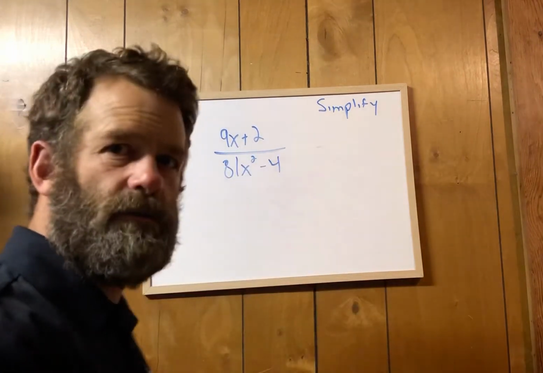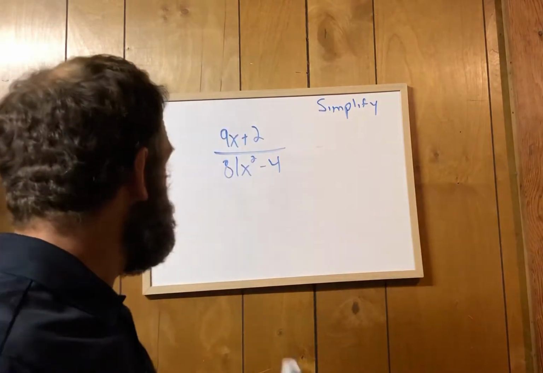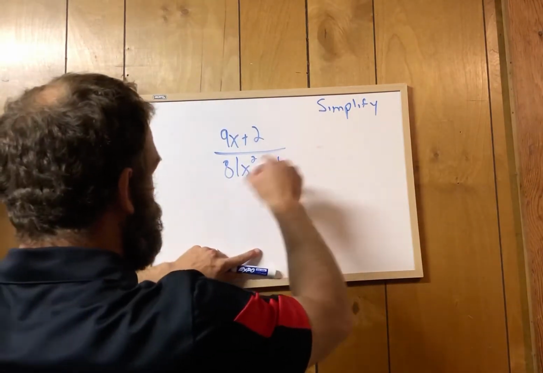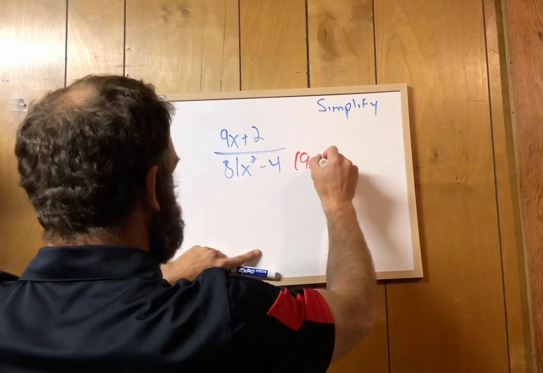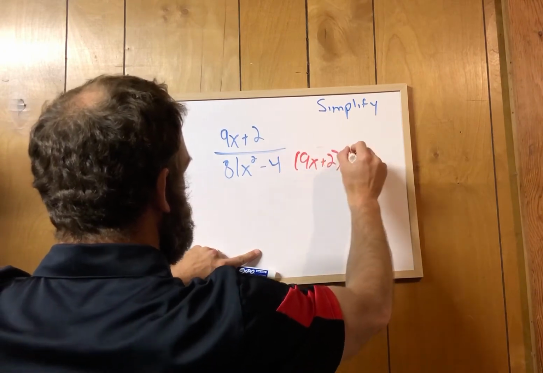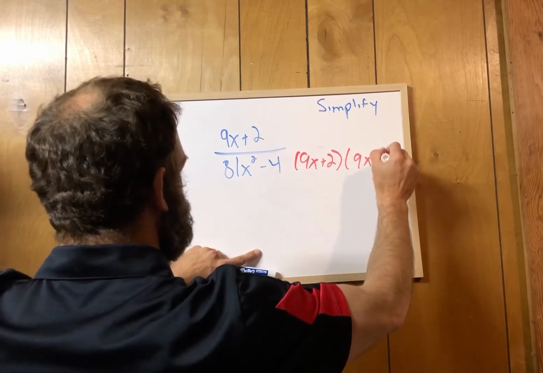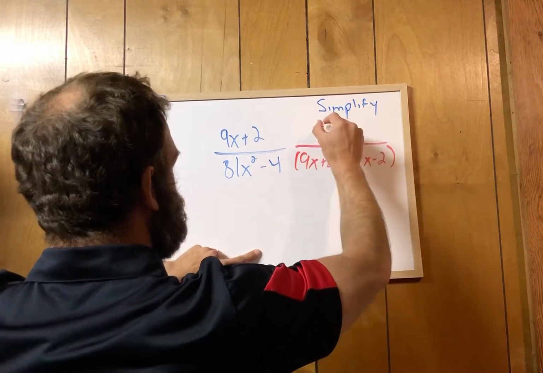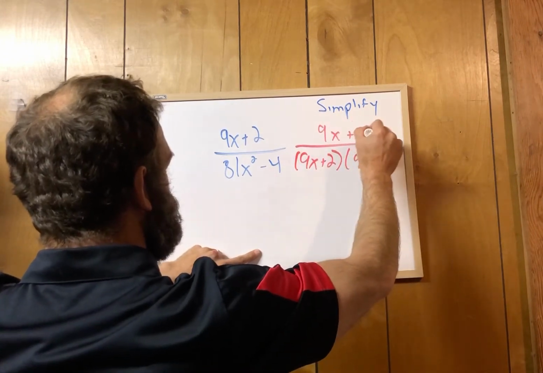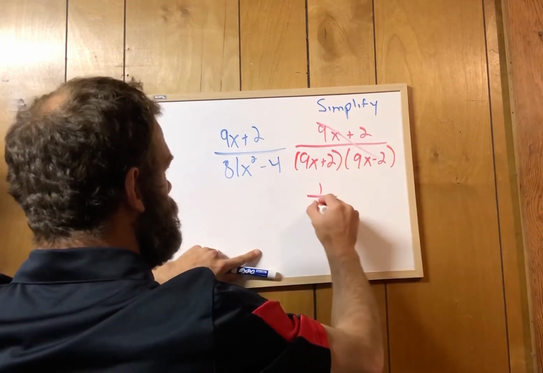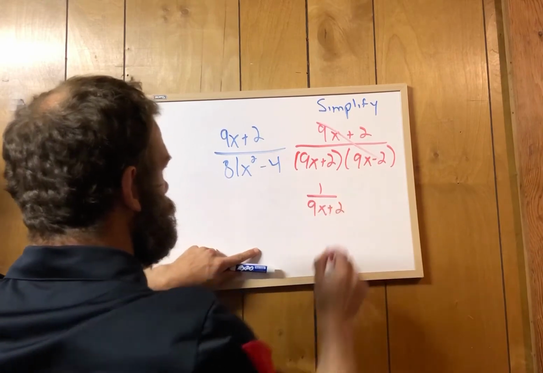And when we had to simplify this, we factored this difference of squares to 9x plus 2, 9x minus 2, and this was 9x plus 2. So these two canceled out to give us 1 over 9x plus 2.